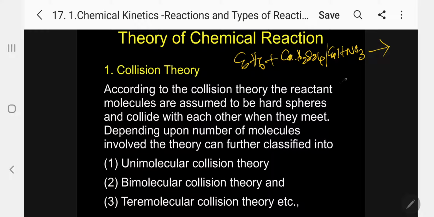You will get nitrobenzene within 1 hour. Now, two conditions: in cold there is no reaction, only in hot you are getting nitrobenzene. What is the reason? An explanation is required, so theory will explain this.